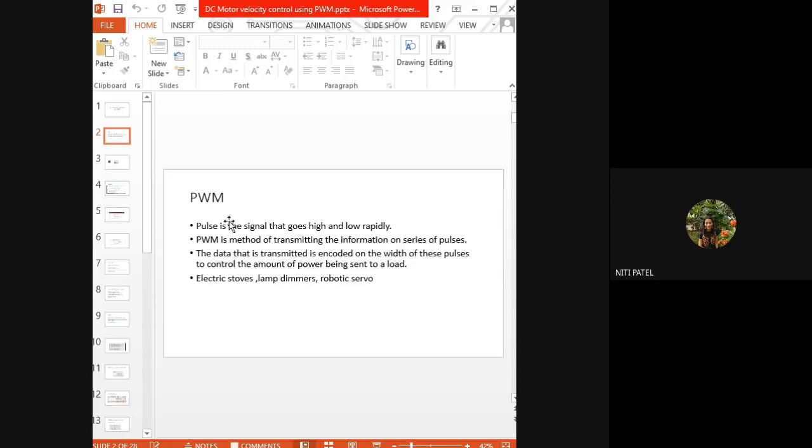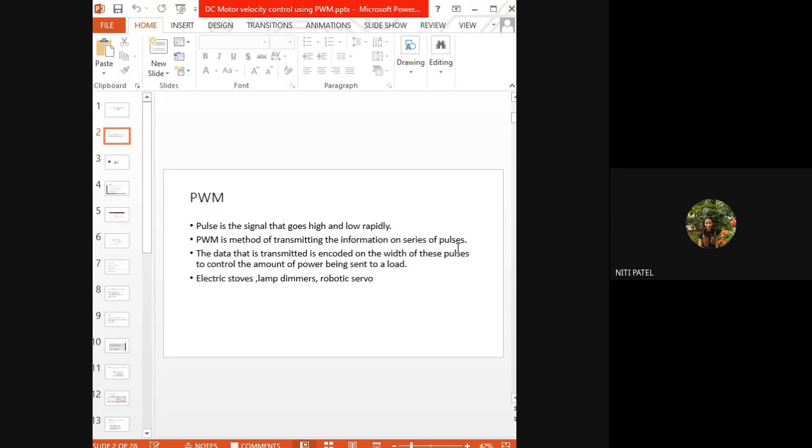PWM is a method of transmitting information on a series of pulses. So what is getting transmitted as information? The pulses. Based on these pulses, I identify whether there is a movement or not. Whenever the pulse is high, there is a movement. A continuous movement means continuously the pulses are high. Whenever the robot stops, the pulses are going low.